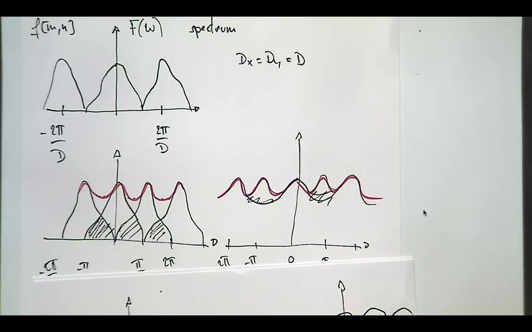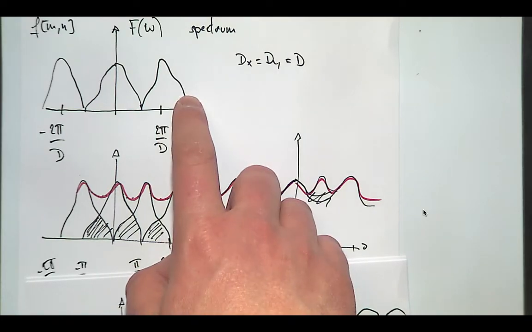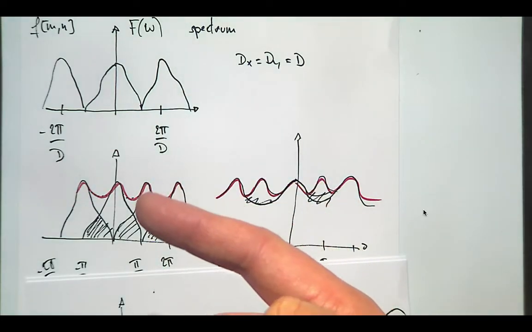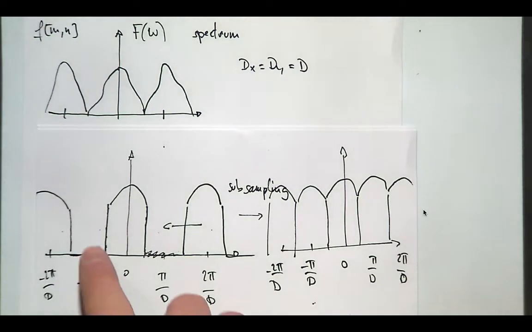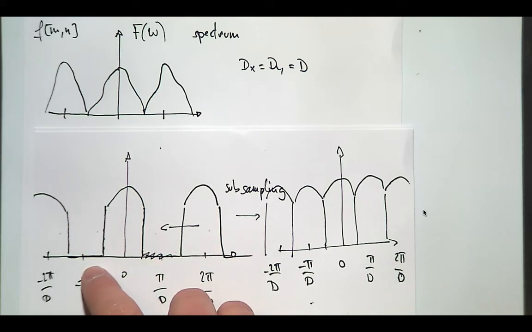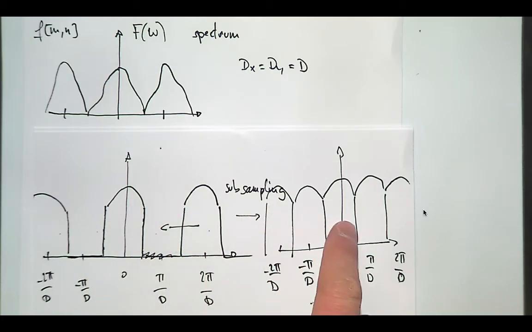Okay, so the idea here is we're going to take the original picture, we're going to apply a filter, and the filter will have the effect of cutting off these frequencies that might cause aliasing, and if we kill off these frequencies, then when we do the subsampling, we'll end up with something which is just right, okay, where there's no aliasing.